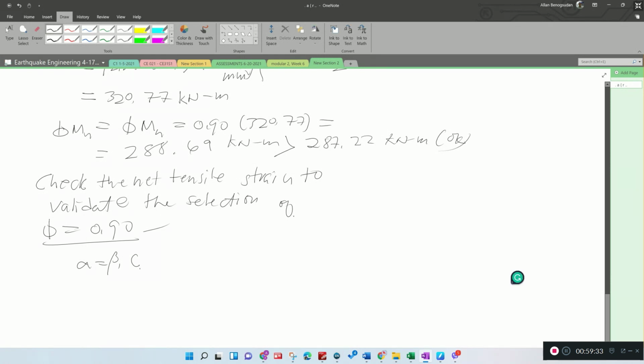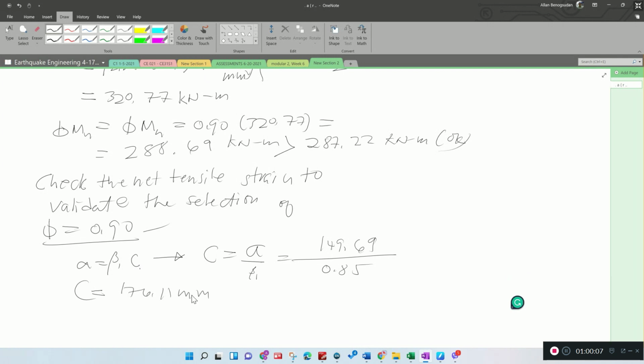Here you can say c is equal to a divided by beta 1. So when you do that, you have 149.69 divided by 0.85. c now is equal to 176.11 mm.